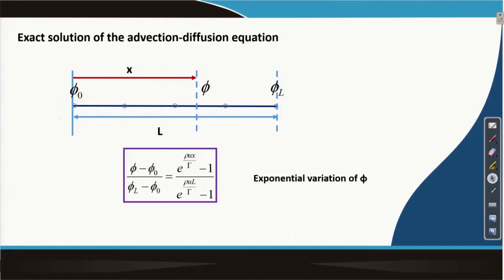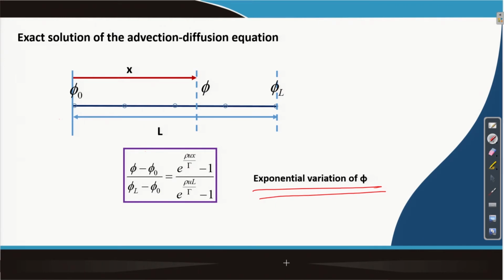The most important take home from this exercise is that we have an exponential variation of phi, which needs to be kept in mind. So, when we try to use different kinds of numerical schemes to approximate the advection diffusion equation, we always need to keep in mind that the solution will end up showing some exponential behavior. And when does that behavior show stronger exponential nature? When the Peclet number becomes larger and larger.